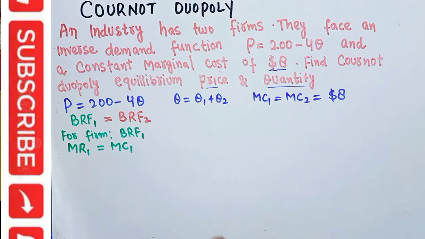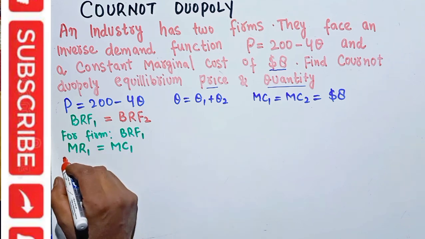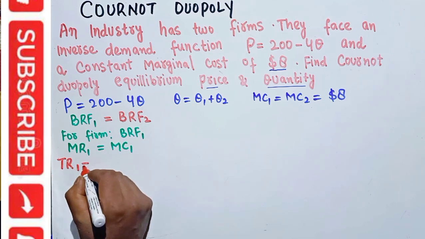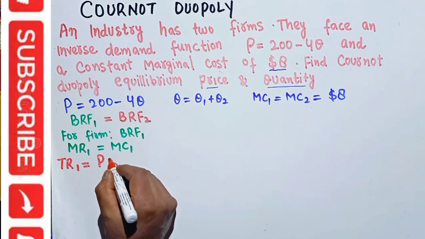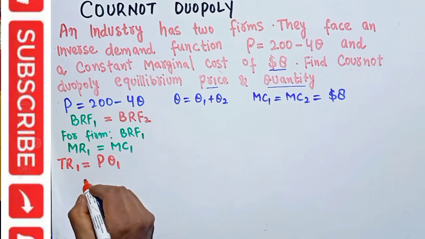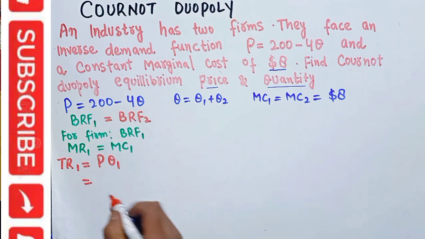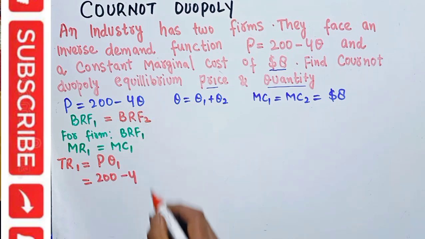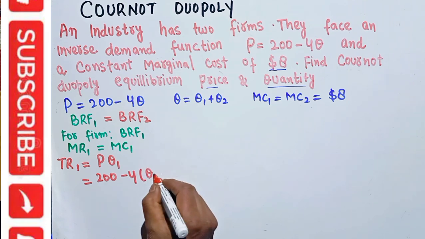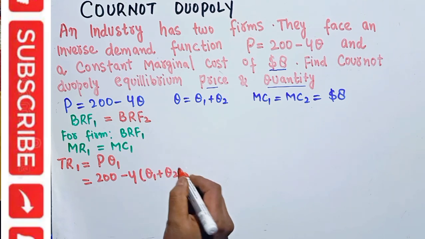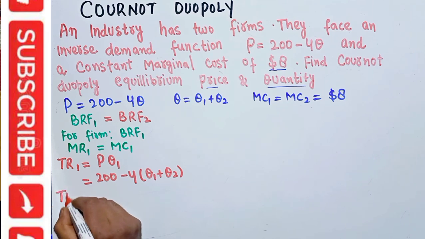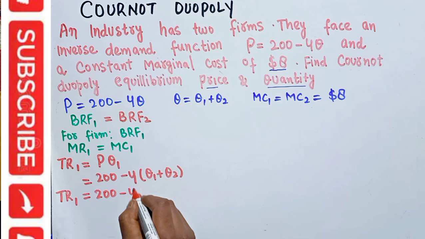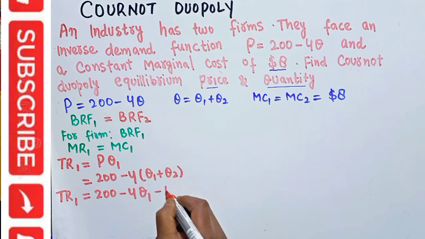Now to find out the marginal revenue function, we need to find out the total revenue function for firm 1, and we know total revenue for firm 1 will be equal to P times the output produced by firm 1. And what is P? P is given as this function, that is 200 minus 4Q. In place of Q, I will write Q1 plus Q2, and when we solve this, it becomes 200 minus 4Q1 minus 4Q2.